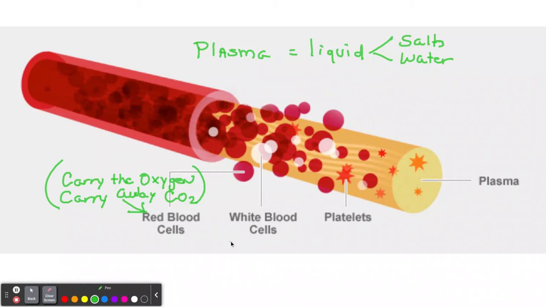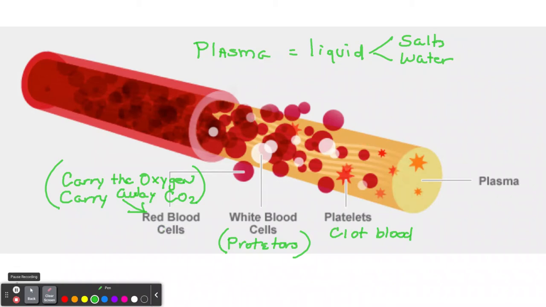The white blood cells are our protectors. They're protecting us from any bacteria or anything that gets into our blood. They're roaming the blood as guards. And platelets clot blood. If you get a cut, you need platelets to help form a clot to stop the bleeding. And plasma is that liquid, so all this can work. So that's what the blood is made of.